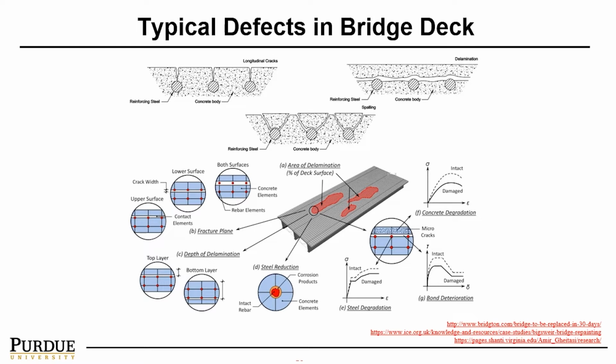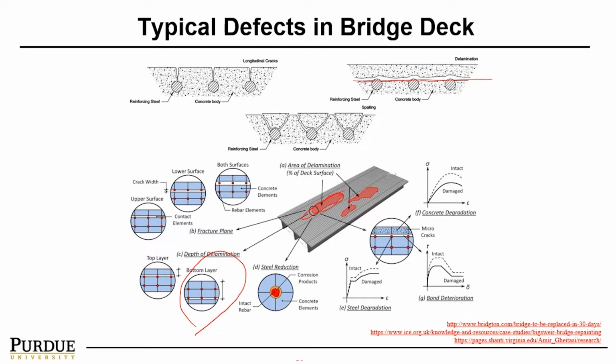In this slide, I would like to talk about the typical defects we would like to see in a bridge deck. In general, there are defects that happen on the surface, for instance surface thermal-induced cracks or fatigue-induced cracks. You could also have a delamination between the concrete and the reinforcement. The delamination could happen in the top layer, or even in the bottom layer.